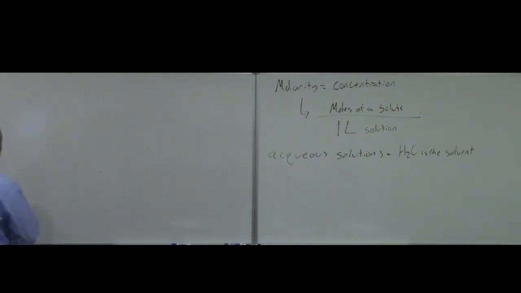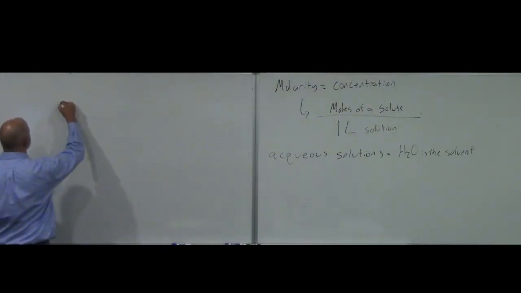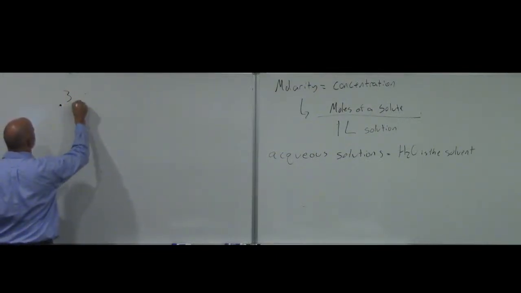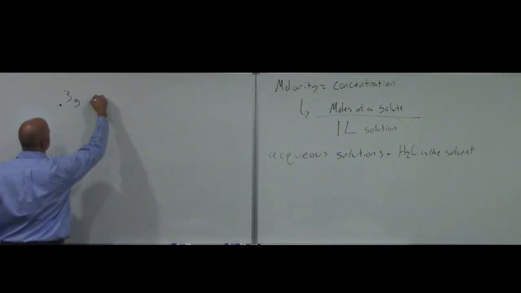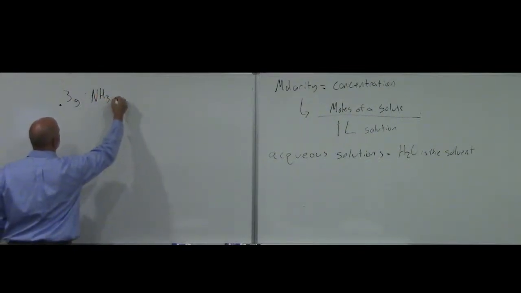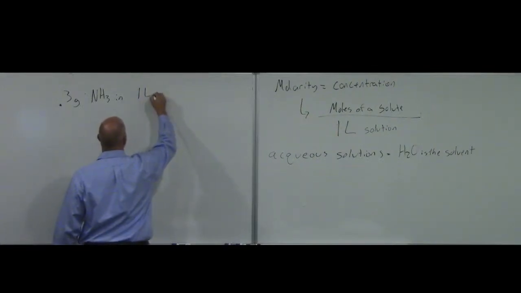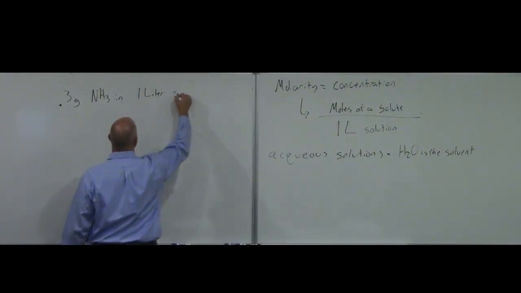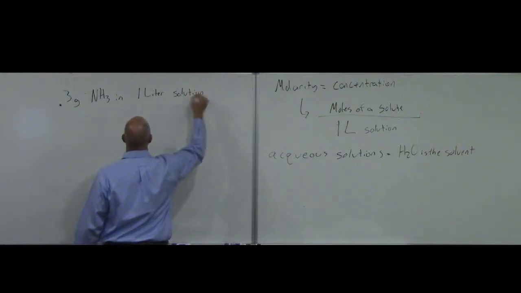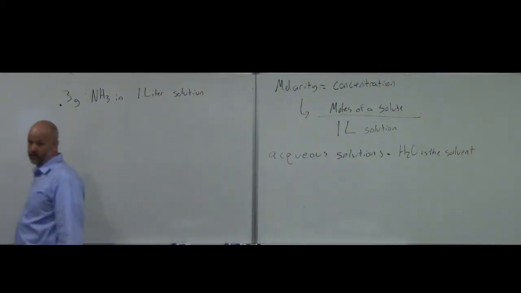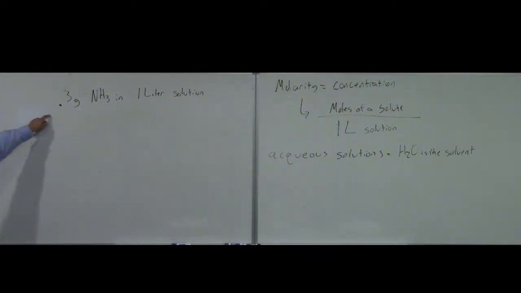I want to have 0.3 grams of ammonia, NH3, in 1 liter of solution. I want you to tell me what my molarity is. Molarity is moles per liter. I don't have moles yet.